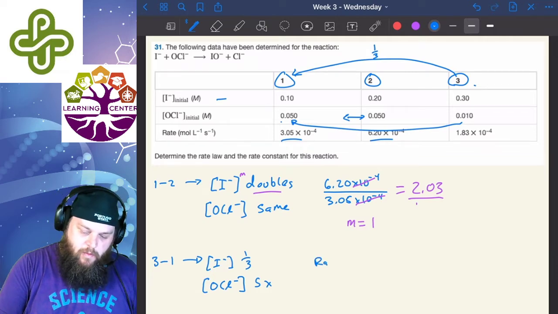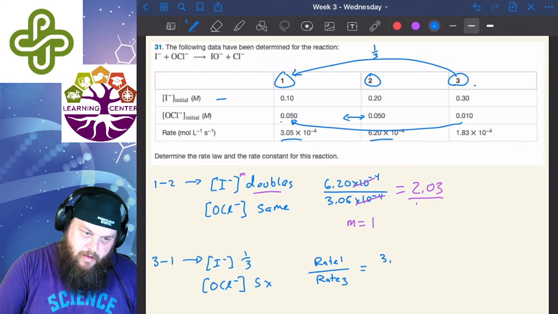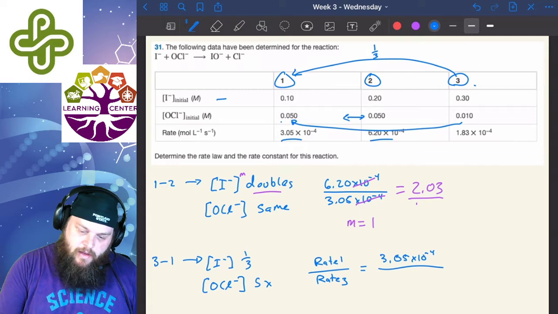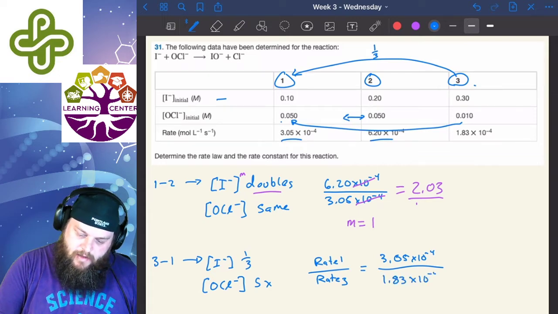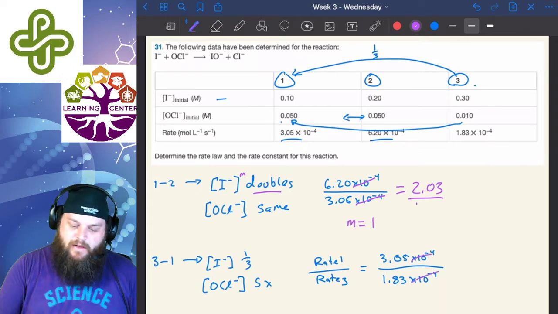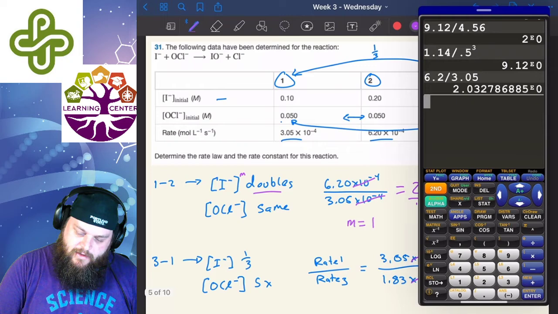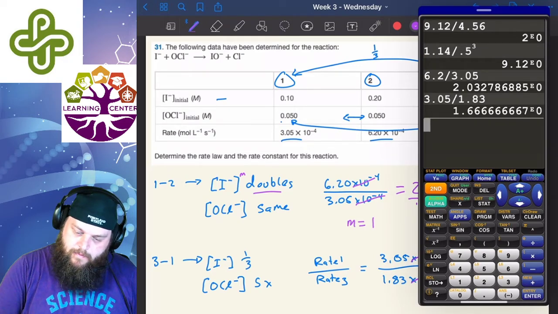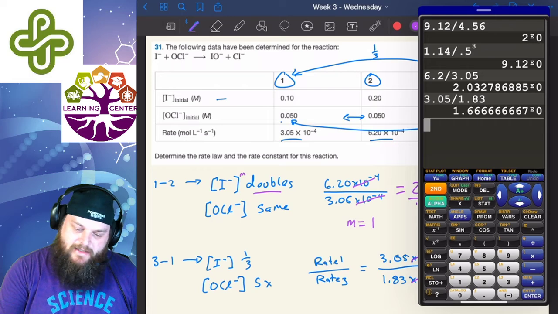So the rate of 1 divided by the rate of 3 is going to equal, well, 1 was 3.05 times 10 to the negative 4, and 3 is 1.83 times 10 to the negative 4. We're at the same order of magnitude, so we can save that math and just do 3.05 divided by 1.83. That's 1.67.